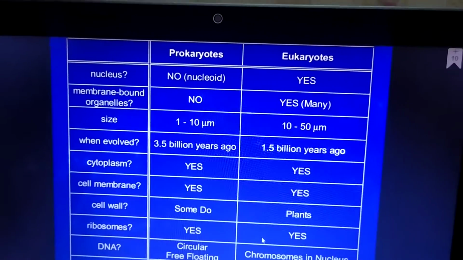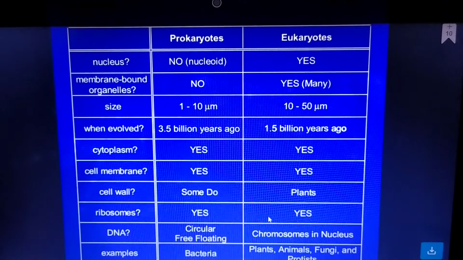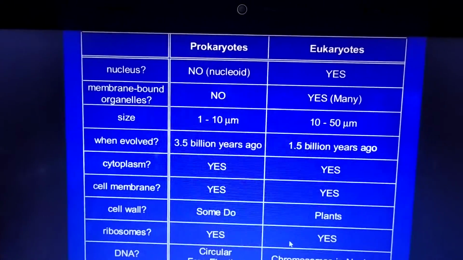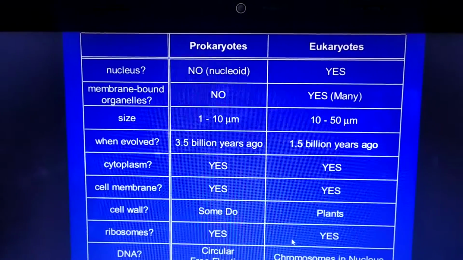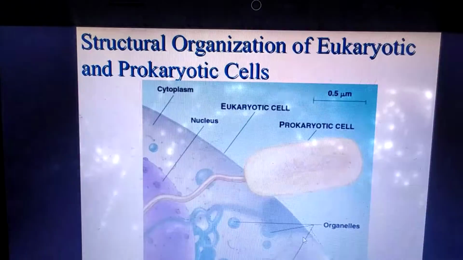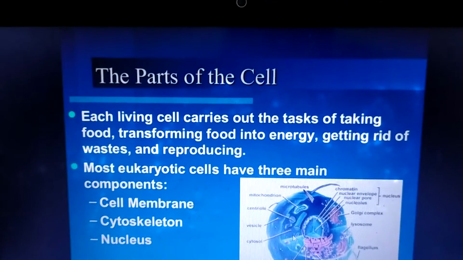This is a table in which you can clearly see the nucleus: prokaryotic cell, no nucleus; in eukaryotic, the nucleus is present. Cytoplasm, yes. Cell membrane, cell wall, all the things are present. Structure and organization of eukaryotic and prokaryotic cells.